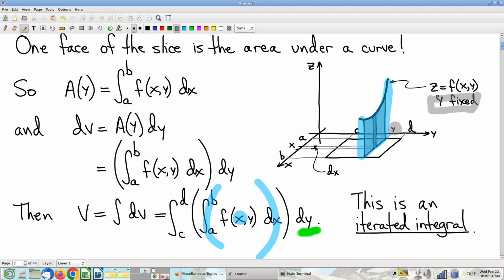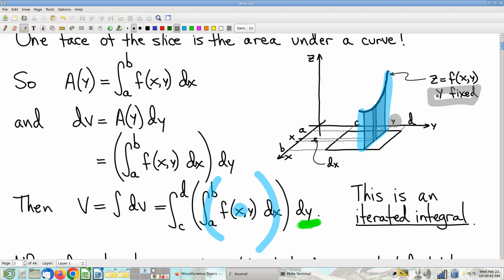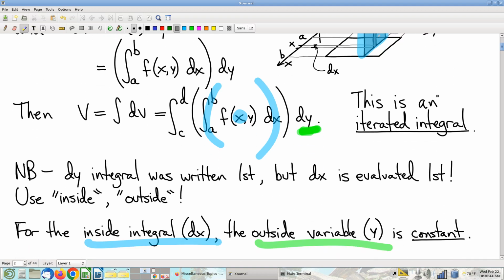I need to know a value of y for which you want to know the cross-sectional area in order to be able to compute it. So unavoidably, the outside variable has to be constant while you're doing your inside integral. Everybody cool? So the upshot here is just you have to remember that as you're doing the calculation.